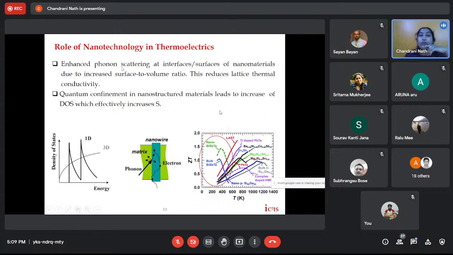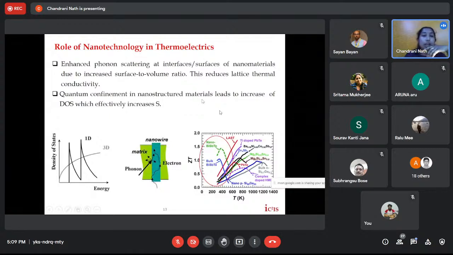Nanomaterials enhance phonon scattering at interfaces or surfaces due to an increased surface to volume ratio. We all know that as we go from bulk to nano, we have more surface to volume ratio. That increases the surfaces or interfaces, and in turn affects the phonon movement. So this will reduce the lattice part of thermal conductivity.